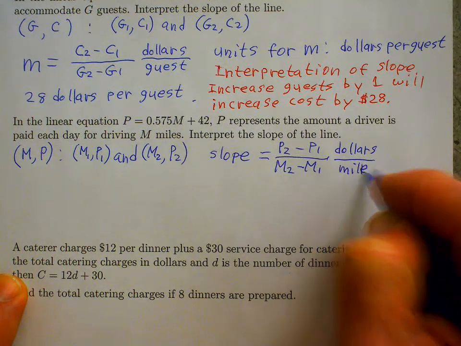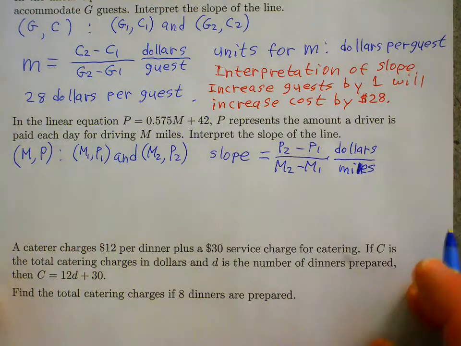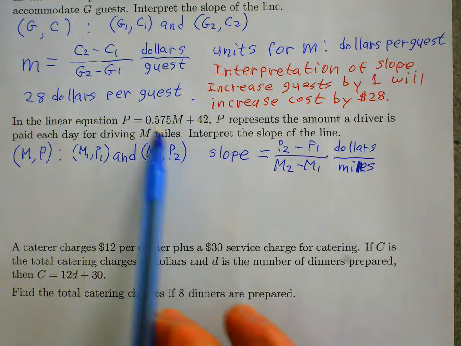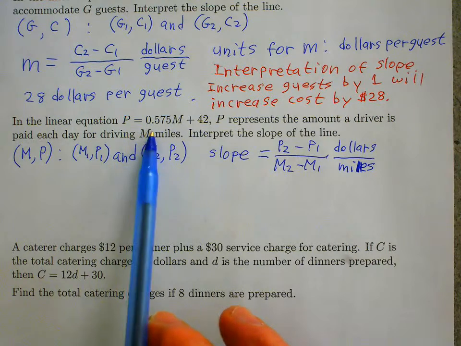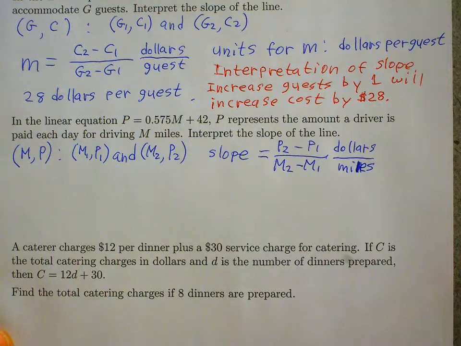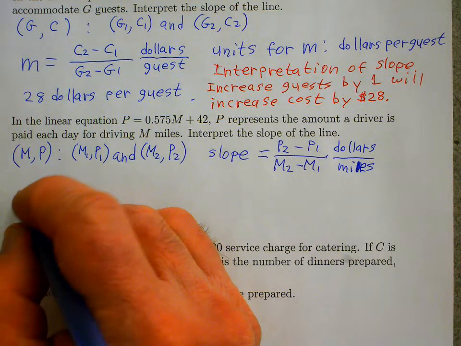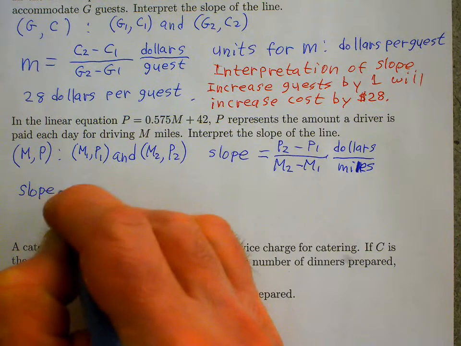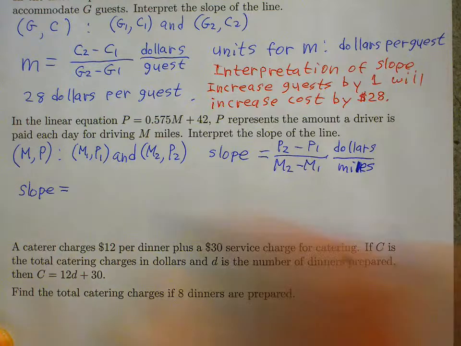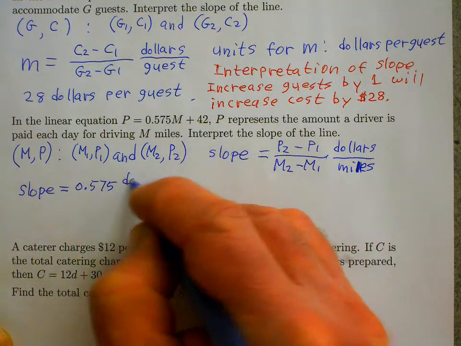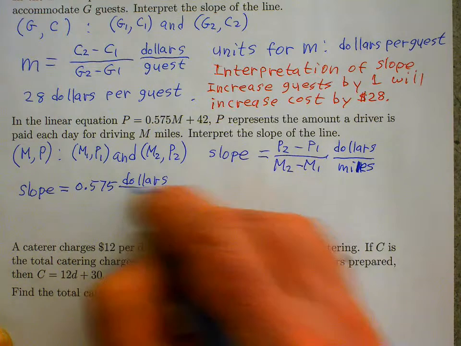Okay, so in this equation, the slope is 0.575 dollars per mile.